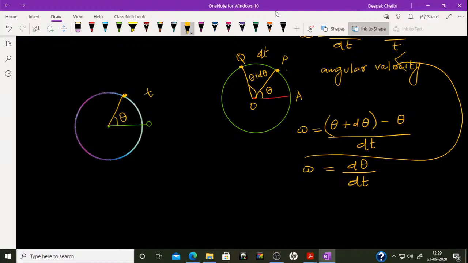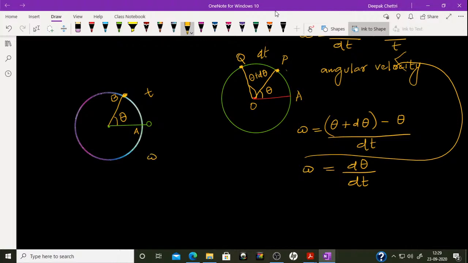The object starts from A, which means the angle here is 0, because this is the line with which we measure the angle. After a time t it reaches B and makes an angle theta.